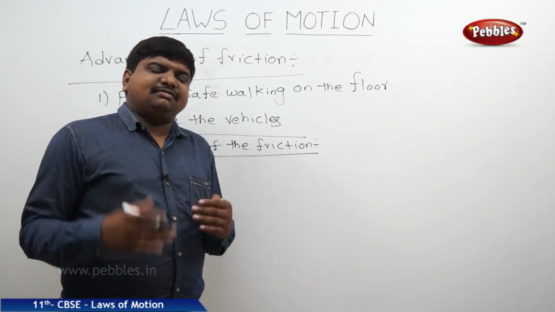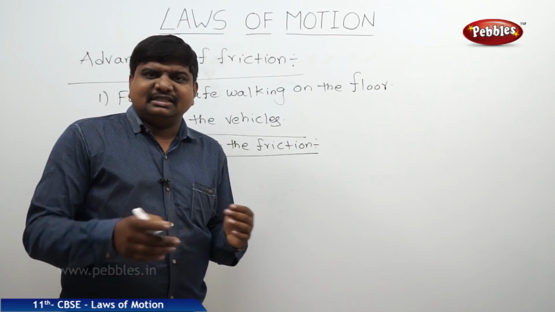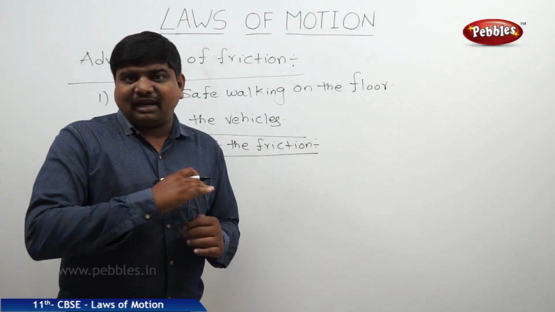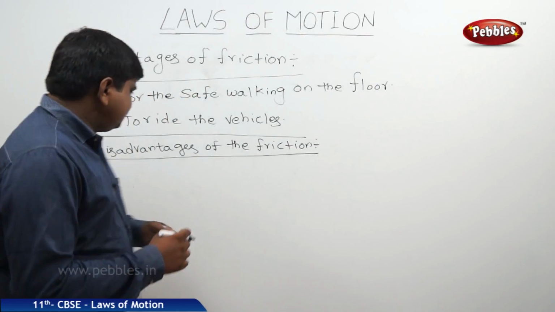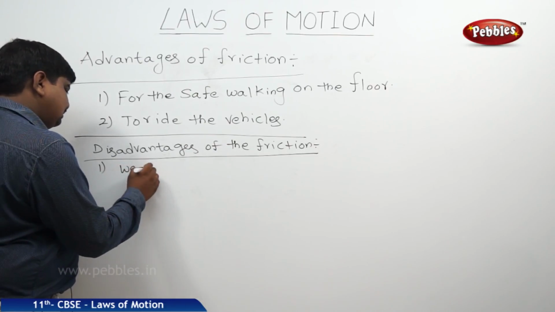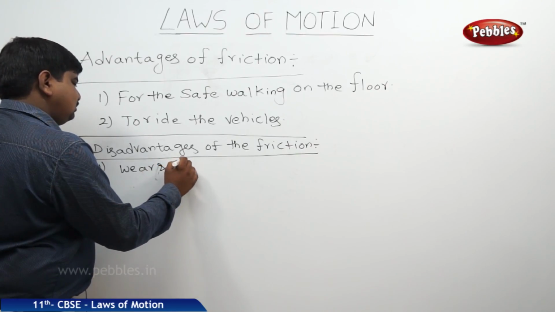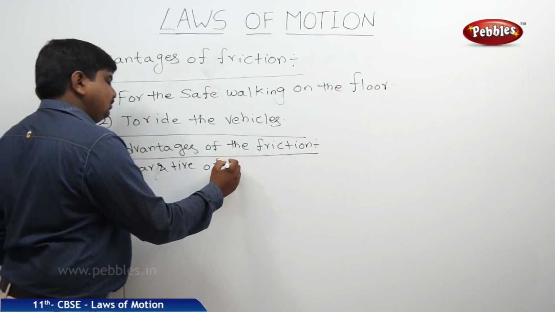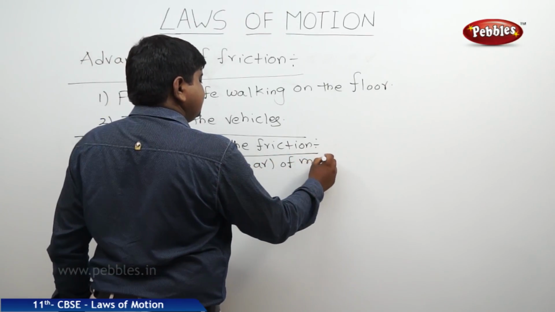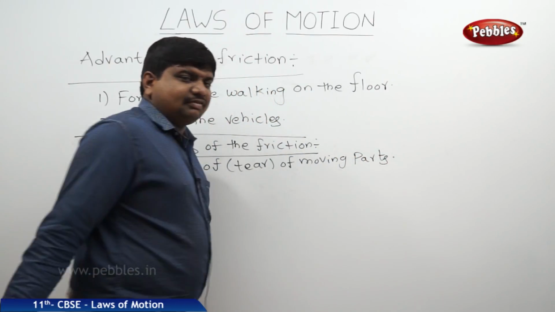Suppose you see vehicle tires that are not properly maintained. You can see the cracks, the tires reduced in size, flat tires. This is one of the disadvantages of friction. So, wear and tear of moving parts, one of the disadvantages of friction.